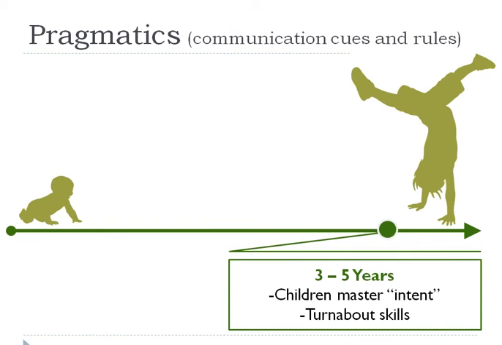And in the 3 to 5 year range, children master intent. And what I mean by intent is that they can understand the meaning of a sentence or of a statement even if the words aren't explicit. Meaning what you meant even if you didn't say it exactly.